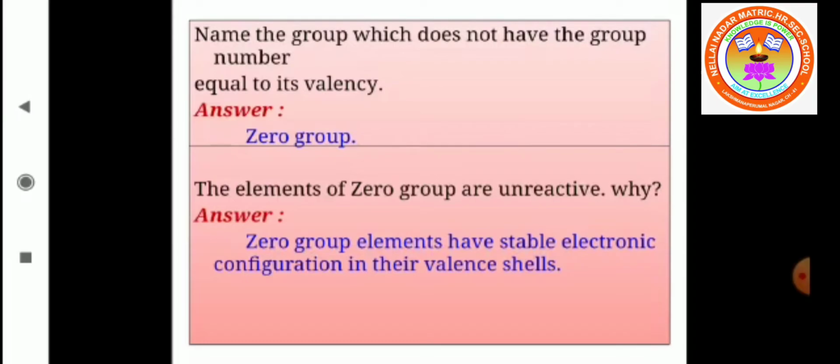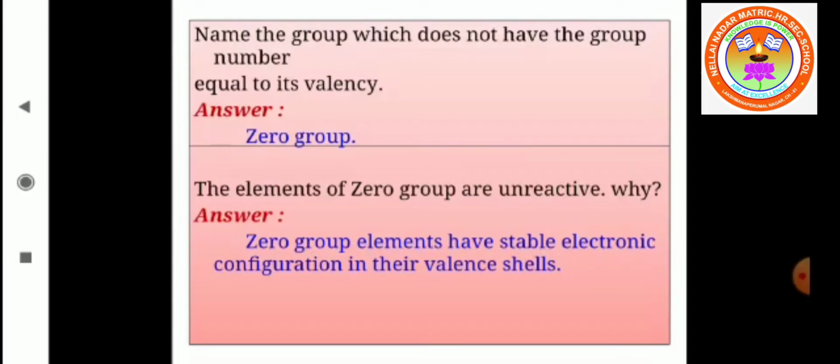All the 0 group elements except helium have 8 electrons in their outermost shells, and so they have attained octet configuration and they are very stable. Their electronic configuration is very stable, and the 0 group elements are unreactive.